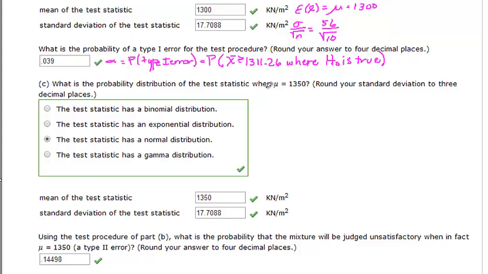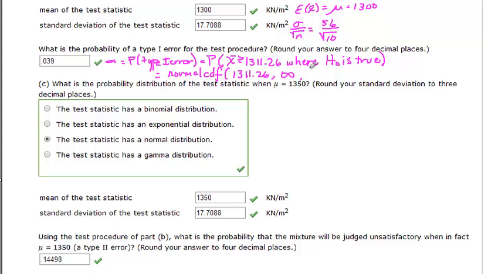So how we're going to calculate this is we're just going to use a normal distribution. We're going to do a normal CDF. The lower limit on this is going to be 1311.26. The upper limit on this is going to be positive infinity.